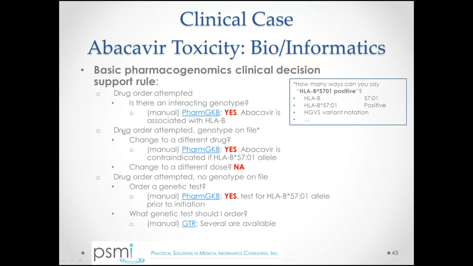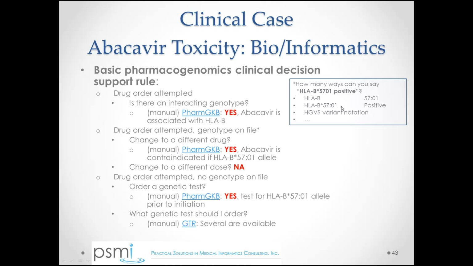Now the question is, if a drug order is attempted, is there a genotype on file? And here's where things get a little bit tricky, and this is kind of a fun or not unfamiliar informatics challenge. How many ways can you say HLA-B5701 positive? There could be a generic test where the LOINC code for the test order is HLA-B, and the result is allele 5701.